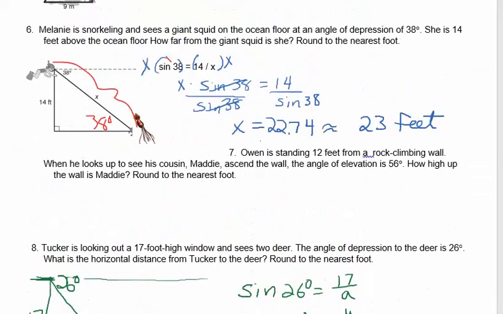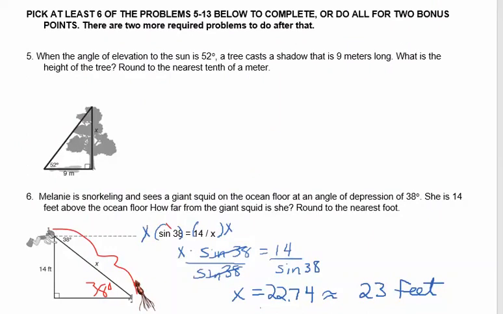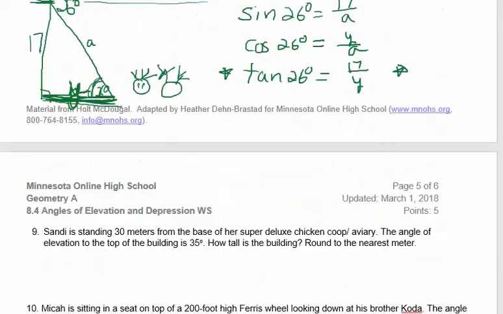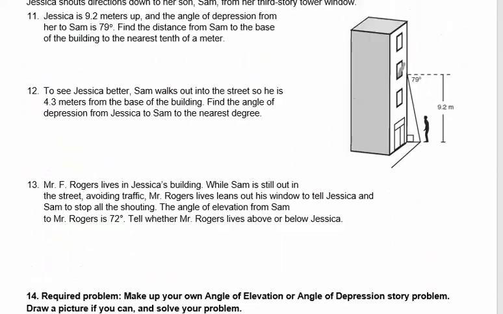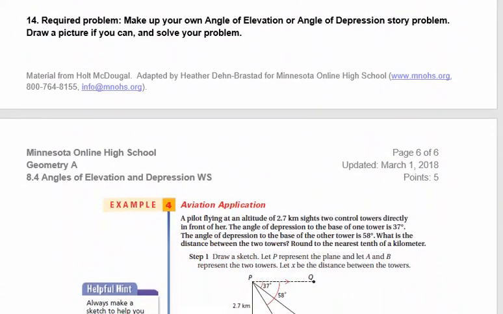Let me just go through and see if there's any other type of problems that you need to worry about. And then remember, you only have to pick 6 of those to do. 14 you have to do, everybody has to do. It says make up your own angle of elevation or angle of depression story problem. Draw a picture if you can and solve your problem.